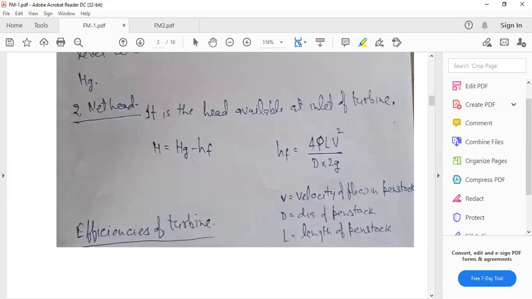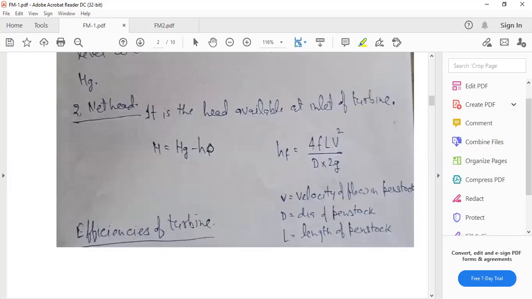Okay, the head which is available initially, that is gross head, cannot reach up to the turbines, because while moving from dam to the turbine, the water is being brought through the penstocks and some head is lost in working against this penstock. So this head is known as friction head.